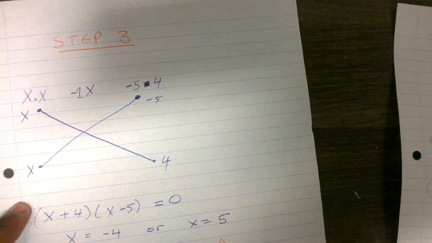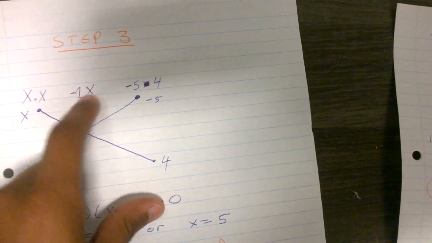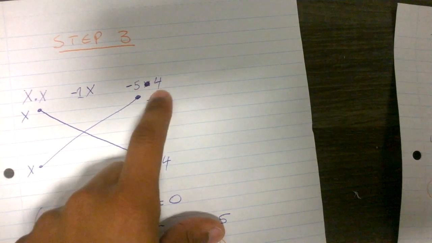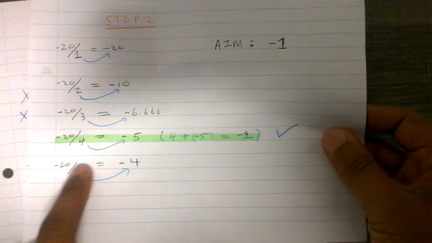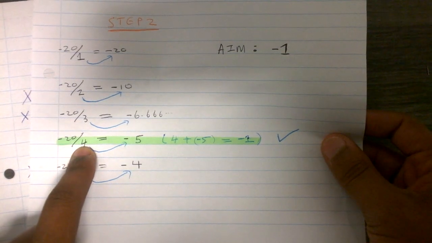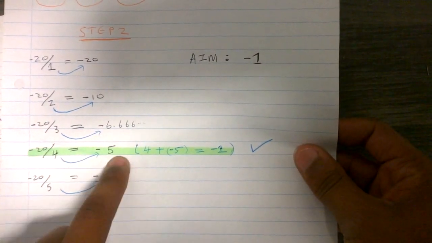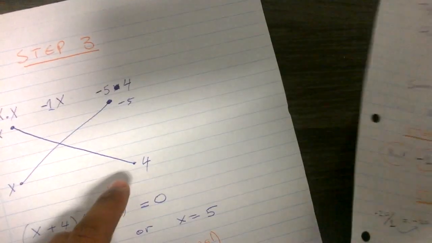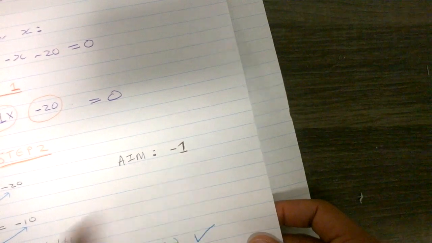Under step 3, you're going to rewrite this x times x, this middle thing, and then it's -5 times 4. Where did you get this? -5 times 4, it's from 20. And how did you get this? From this 4. If you take it to the other side, it's going to be -5 times 4. And the reason why you choose this is because this allows you to reach your aim.